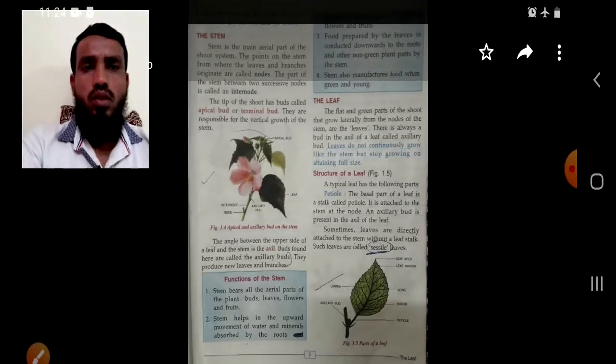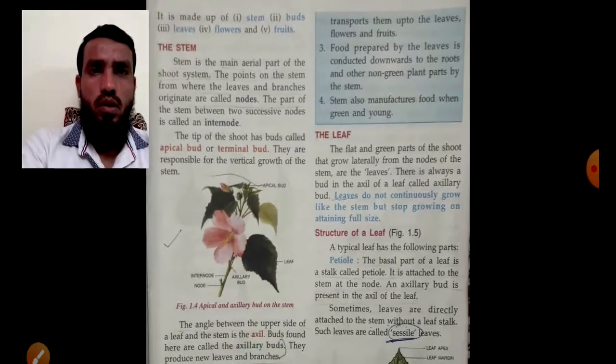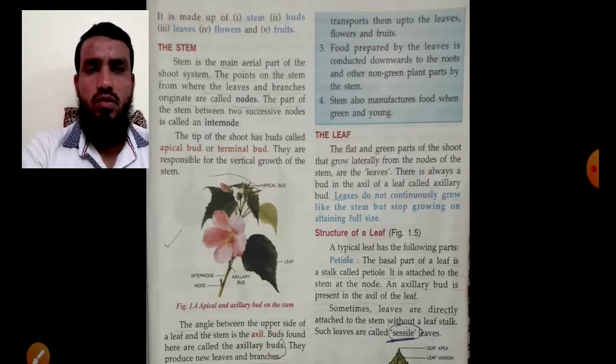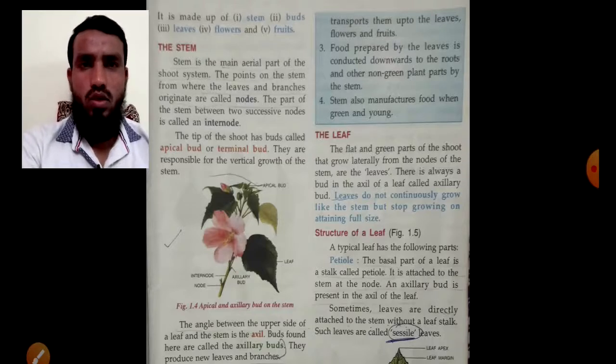So in the shoot system, number one, we will start with the stem, or before that, it is made up of stem, buds, leaves, flowers and fruits. These are the parts that are present above the soil, that is why it is called the shoot system.